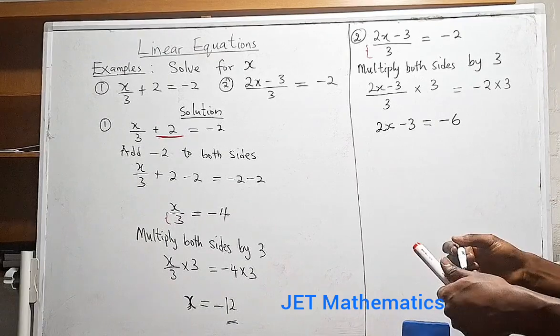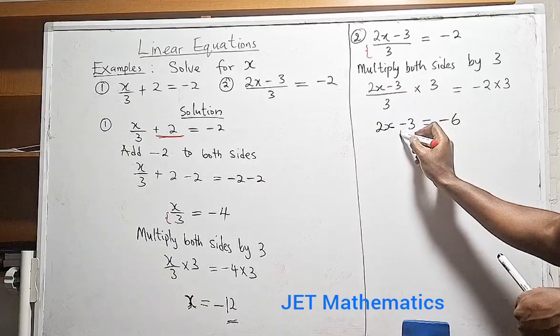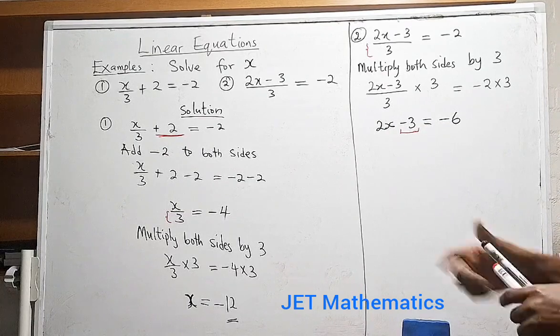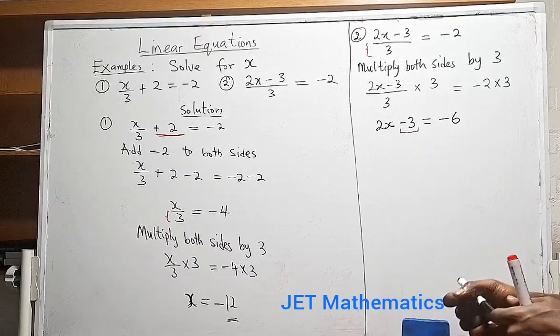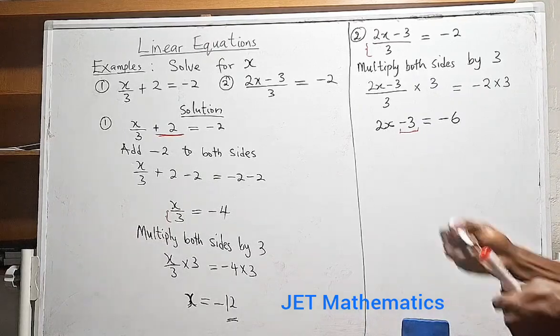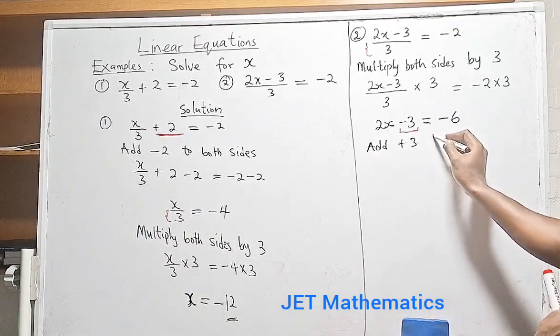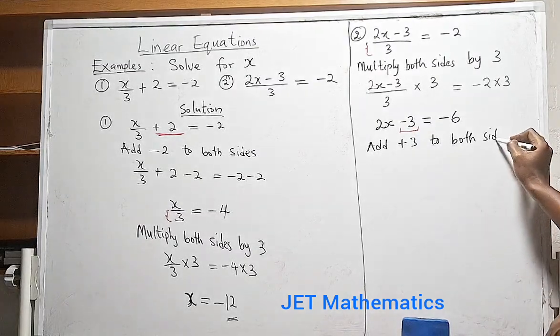Alright, now our next job is to remove this term here because we need to get x alone. So to remove minus 3 from here, what's the inverse of minus 3? That is plus 3. So we add plus 3 to both sides of the equation.